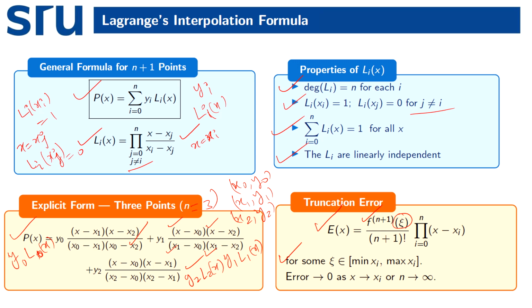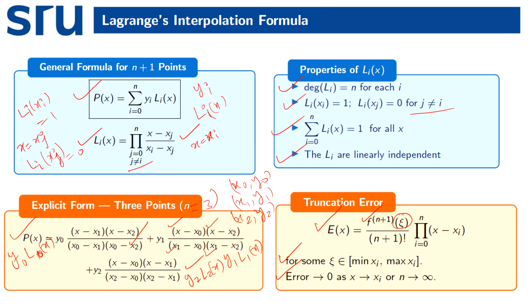The error becomes 0 at the given data points. Actually, this error tends to 0 as x tends to xi. And error decreases as we use more points. That is very clear from here. But increasing degree too much can cause instability.